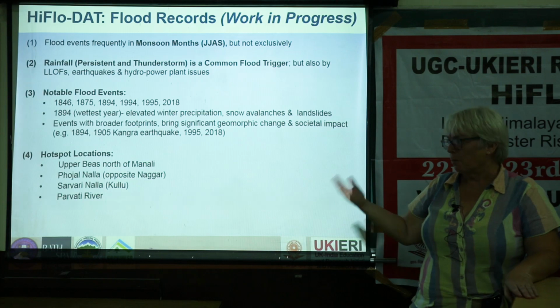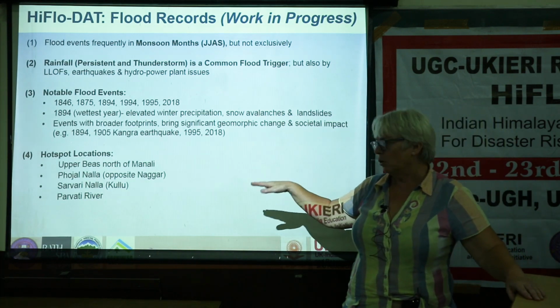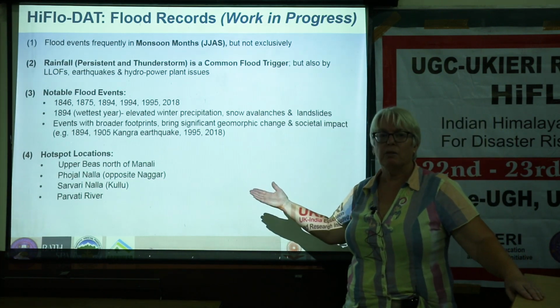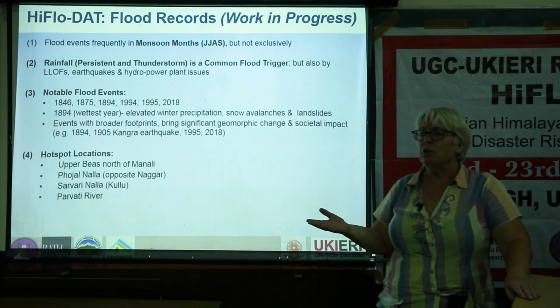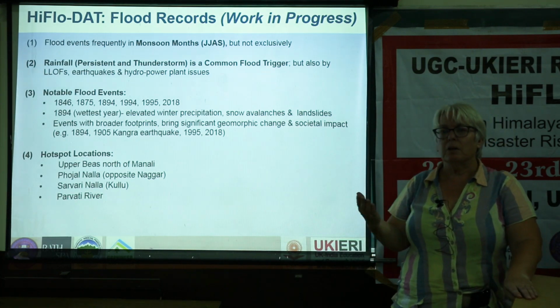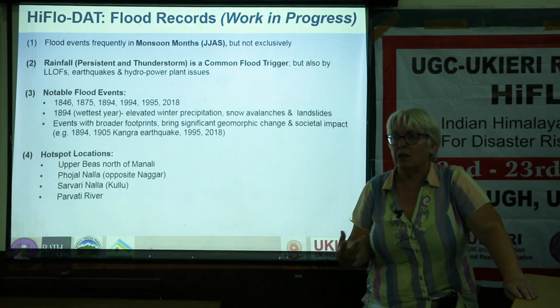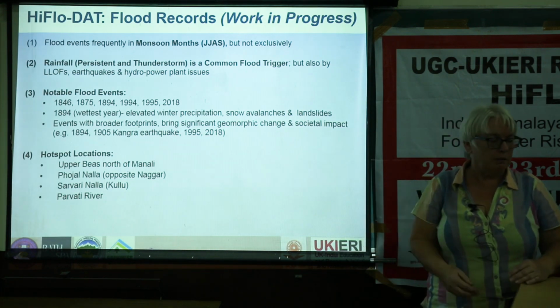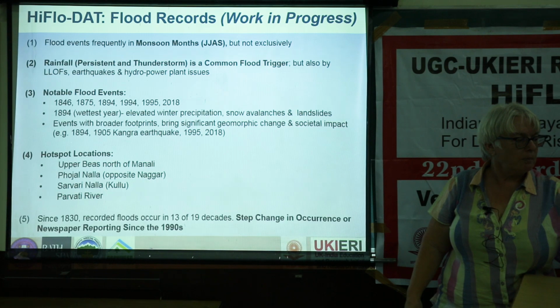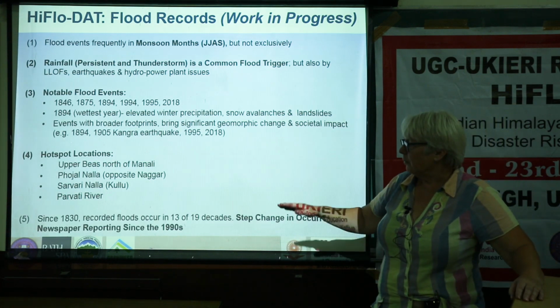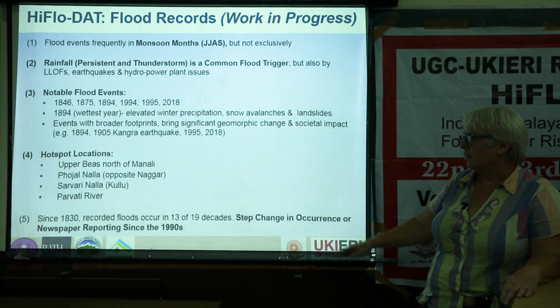There's a hotspot in the Savari Nalla at Kullu and in the Parvati River itself. And some of you may know about the terrible flash flooding that occurs at a place called Shat, and you may have seen photographs of that.